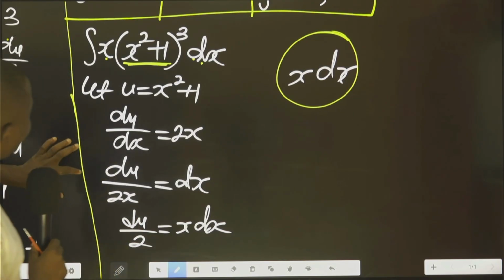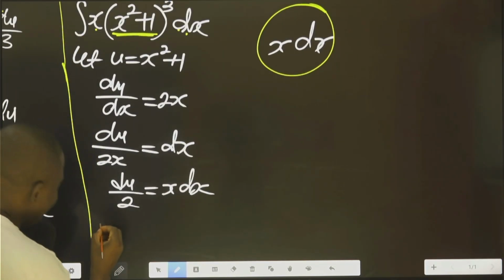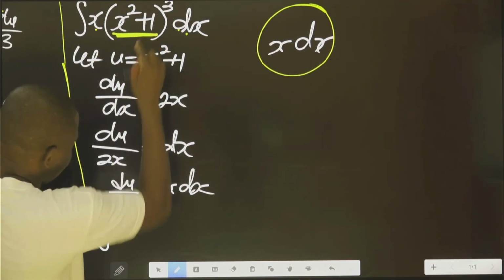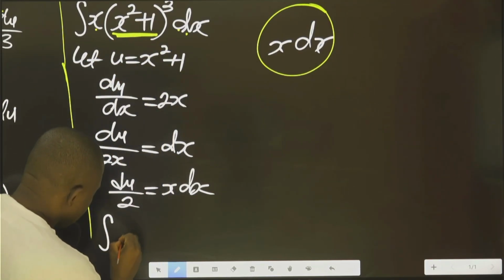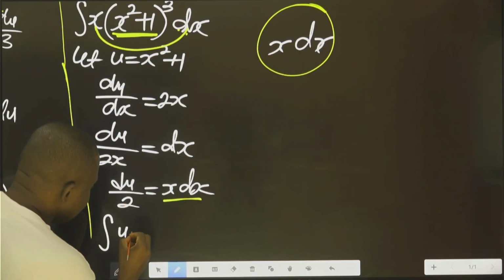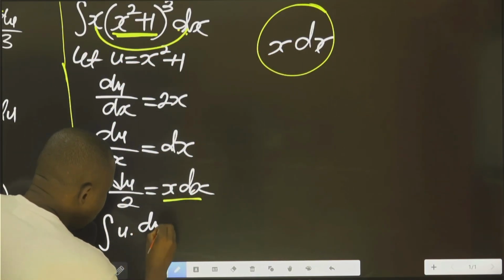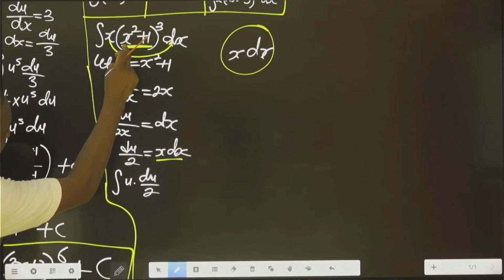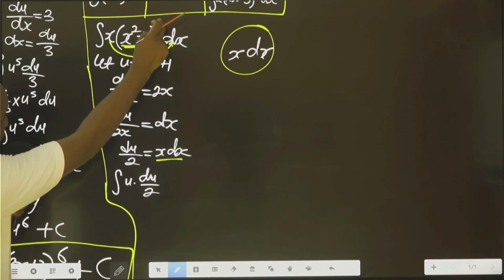Therefore, we come back here to say, in place of this is u, and in place of these two is du over 2. But don't forget that when you replace this with u, this 3 is still there.